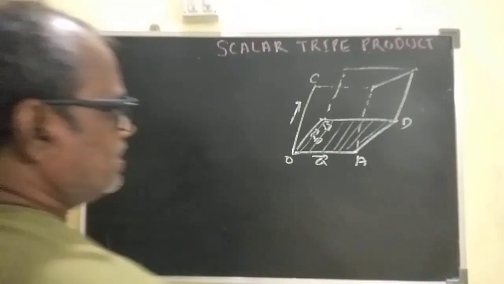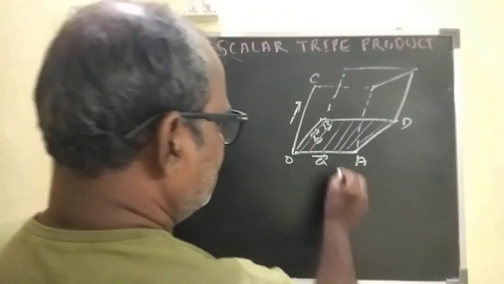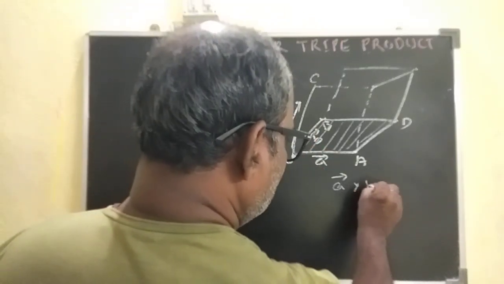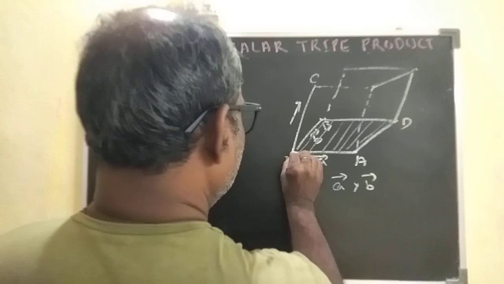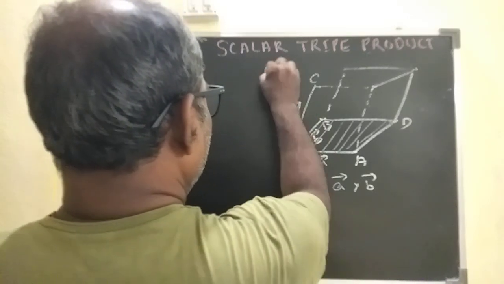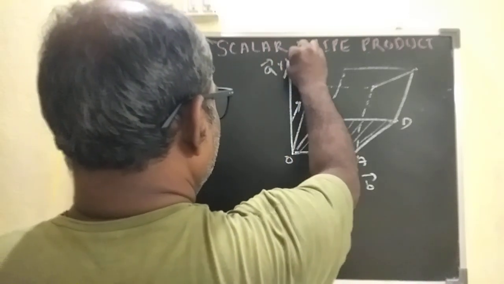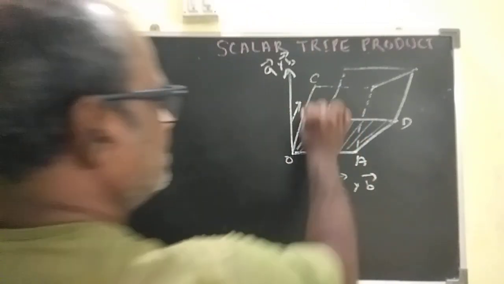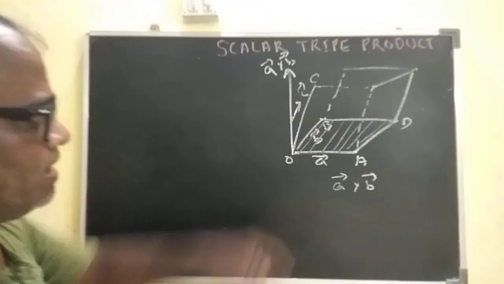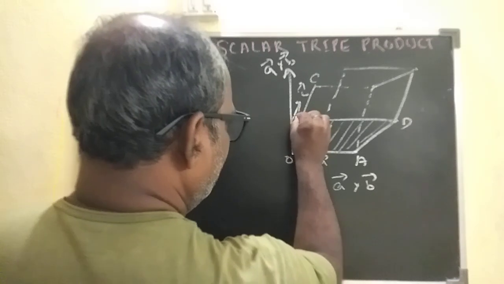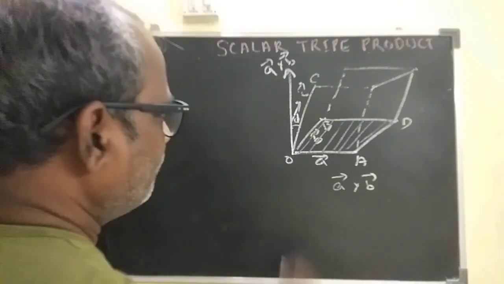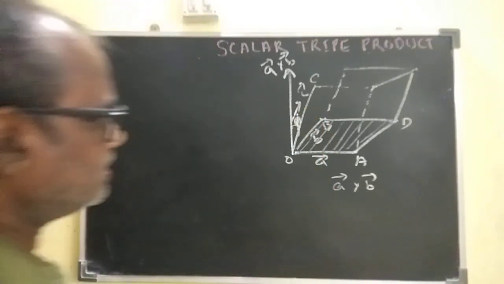Now what we have to understand is the product of A cross B, so this becomes the direction of A cross B vector. Now let the vector C make an angle phi, or let us say let it make an angle theta.